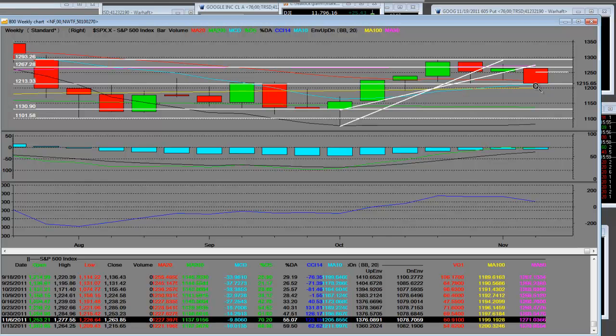The 10-week moving average, here's the bull case. You got above it 1, 2, 3, 4, 5, 6 weeks. That's when bear trends change, because you have to have a rising 10-week and you have to close 10 weeks above it. The other thing is that the crossover of the 10-week above the 100-week gives a bull case.